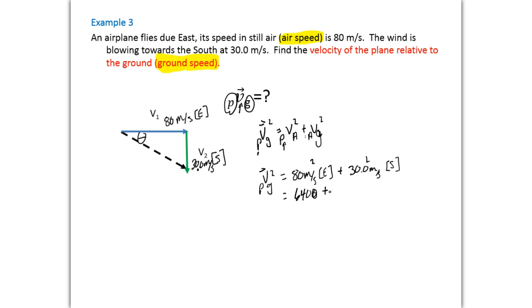And 30 squared should be 900. Adding both together, you end up with 7,300. Now remember, this is squared, so in order to solve it, you need to take the square root. So I'll do the square root of 7,300. Which is 85.